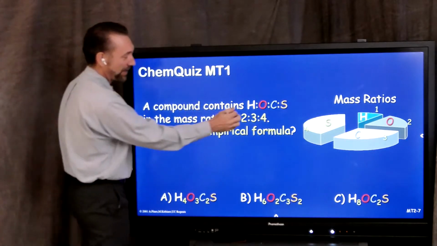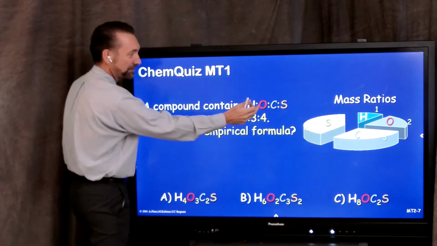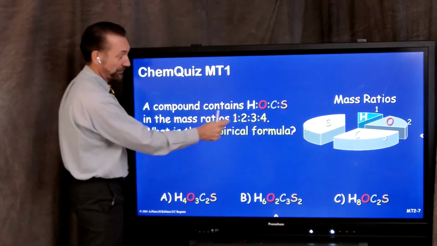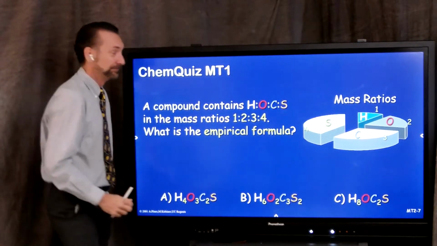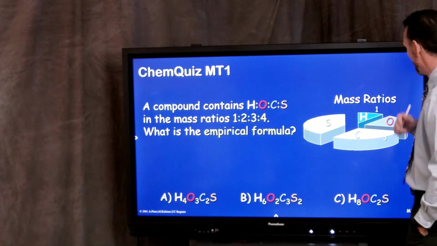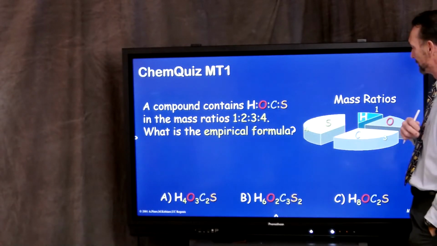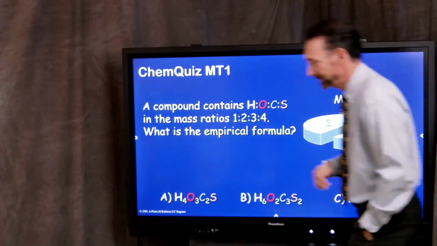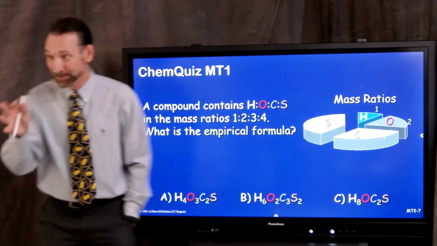So I'm going to take a compound that has hydrogen, oxygen, carbon, and sulfur in it. And the mole ratios are 1 to 2 to 3 to 4. So I have a mole of hydrogen, 2 moles of oxygen, 3 moles of carbon, 4 moles of sulfur. What's the empirical formula?